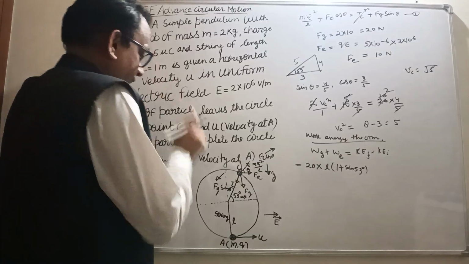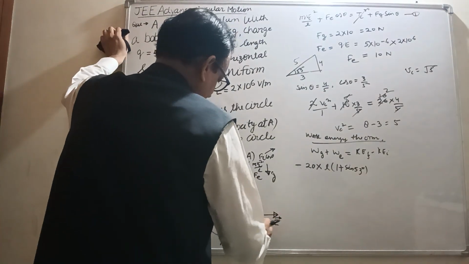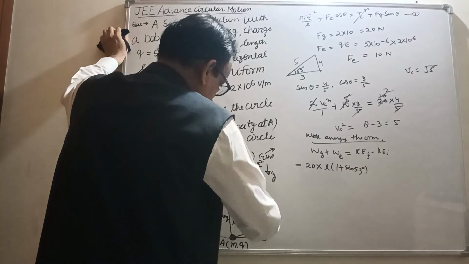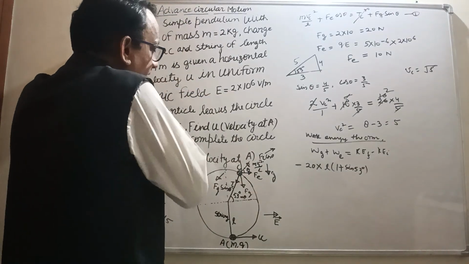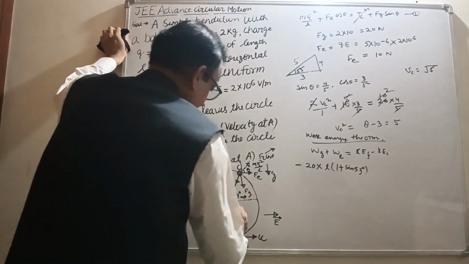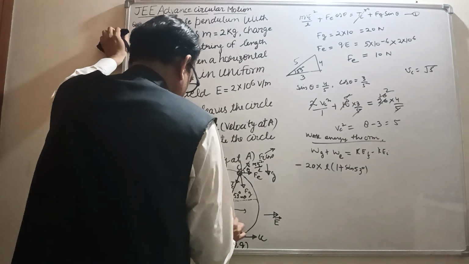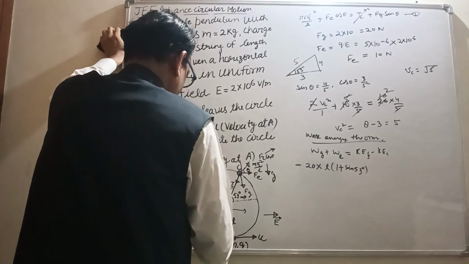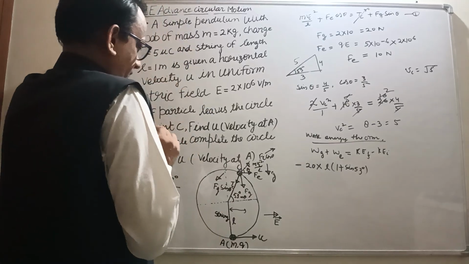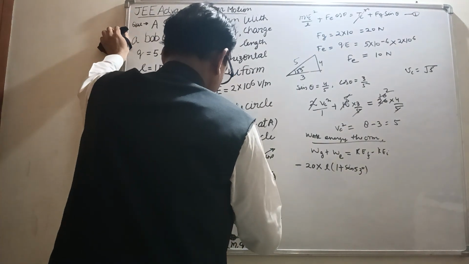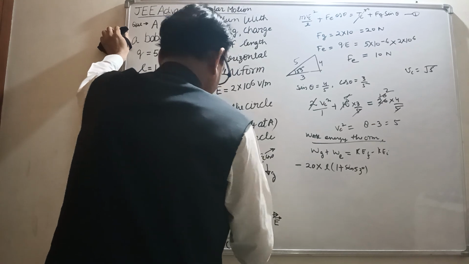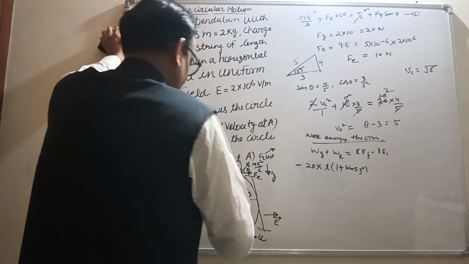The electrostatic force is acting in this direction, and displacement is also in this direction. This is the displacement for this, and this is the displacement from here to here.